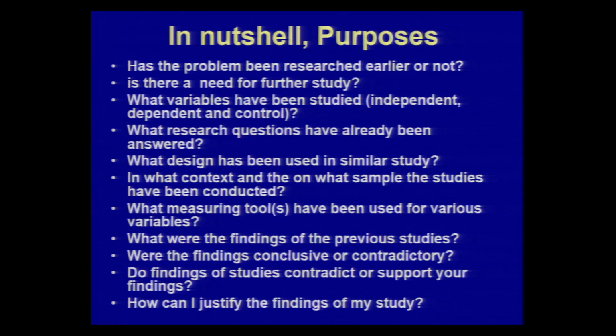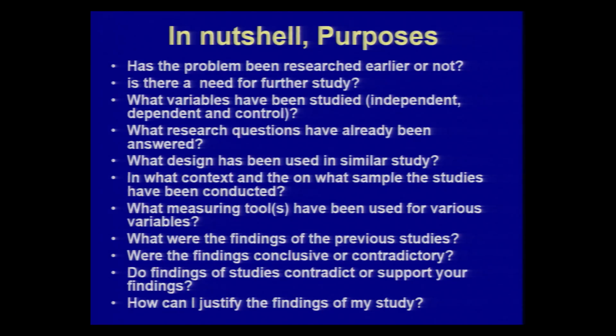And in a nutshell, one can say that review of related literature will help the researcher to answer the following question: whether the problem has been researched earlier or not, and if not, then there is a scope for taking up further study.